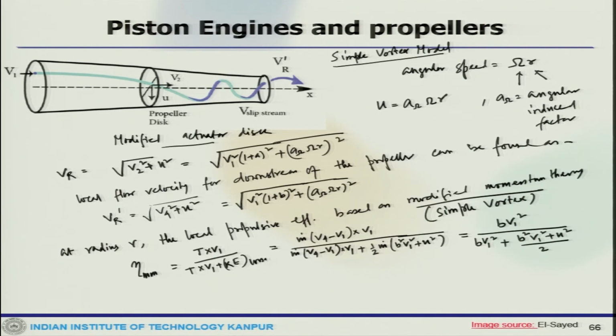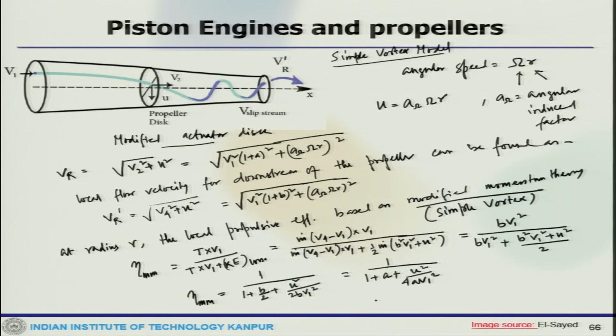So, what we can write is 1 by 1 plus b by 2 plus u square by 2b V1 square, okay, which one can write as 1 by 1 plus a plus u square by 4a V1 square.